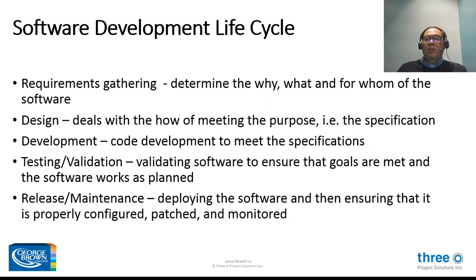At the end of the design phase, there should be a system specification document so they can define maybe networking requirements, database requirements, maybe designing data validations and so on. Okay. And then once you have all that nailed down, then you start coding. You develop to meet the specification, and then testing, validation, and then release and maintenance.